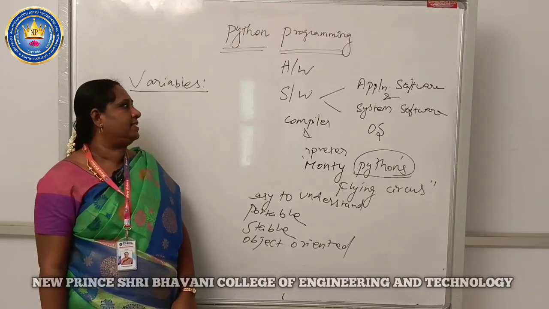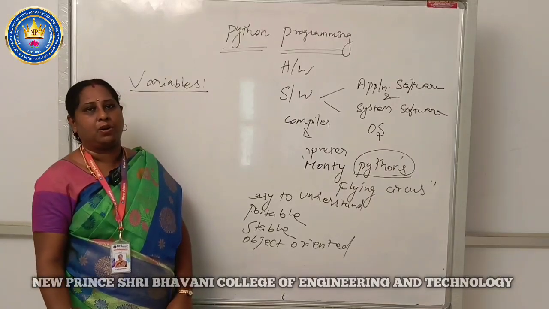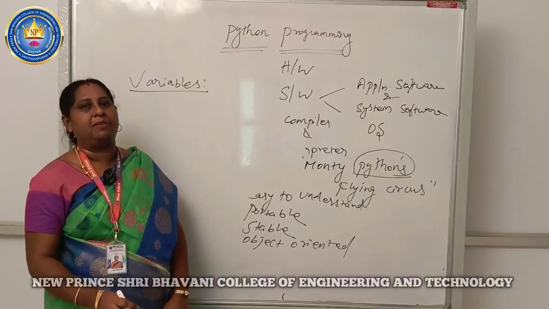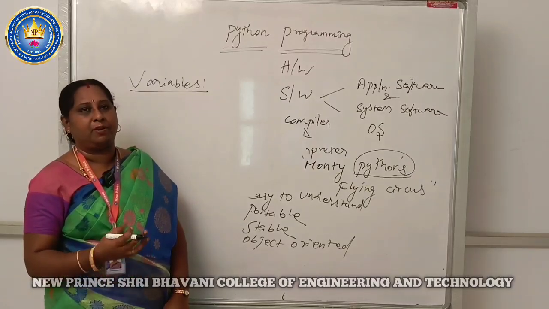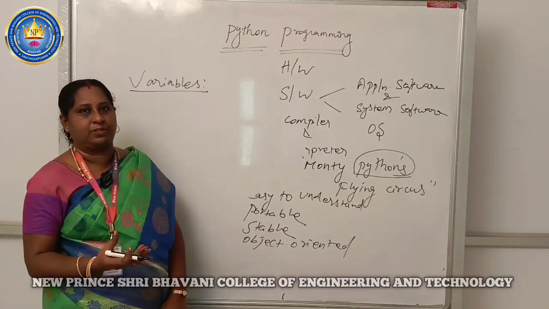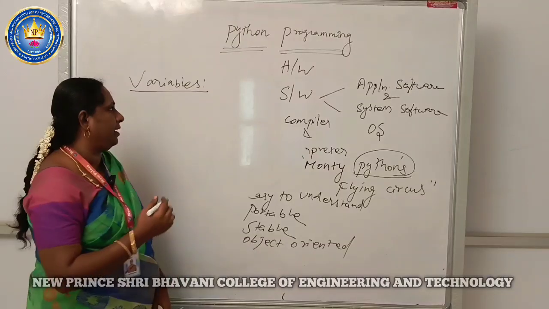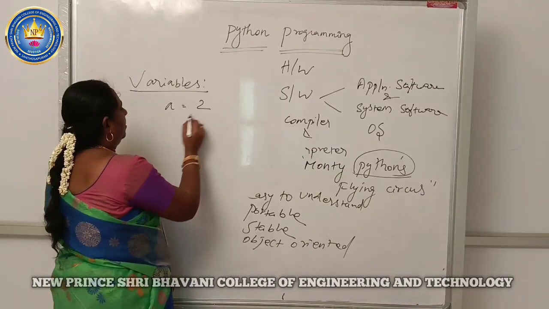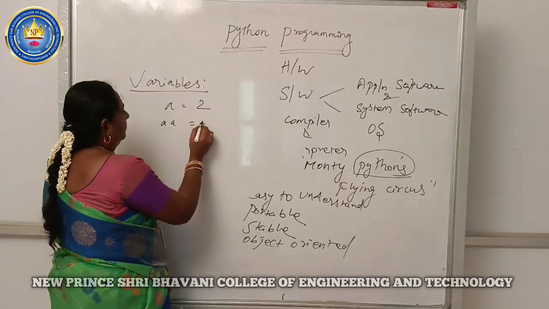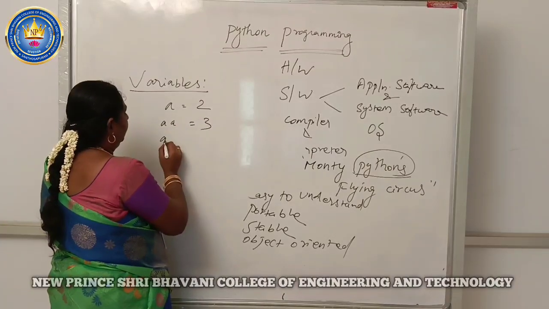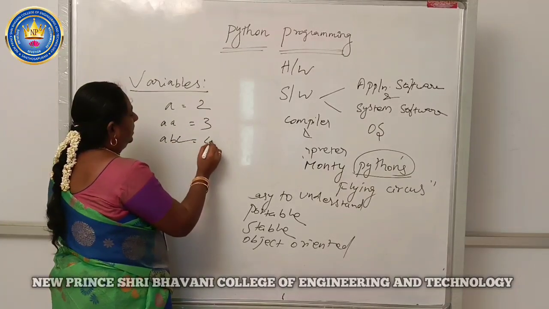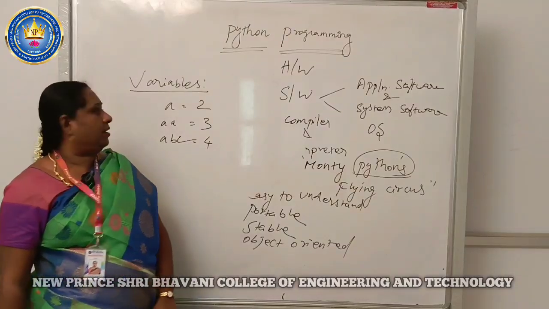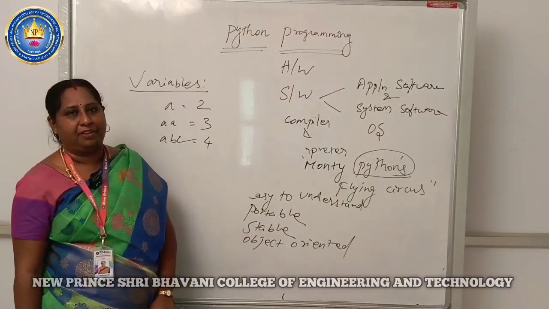In other words, it gives the data to the system to work on, to execute on. So variable is a reserved memory location for the values. So we can name a variable in Python programming like a is equal to some value, and like AA. Any alphabets we can give, ABC, any other value we can give. So in this way we can name variables.